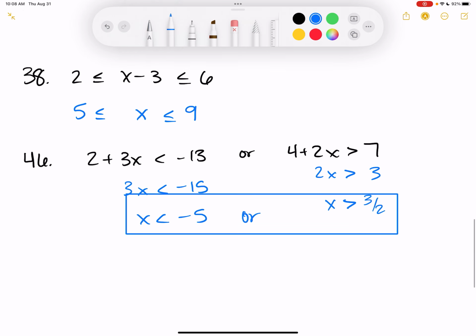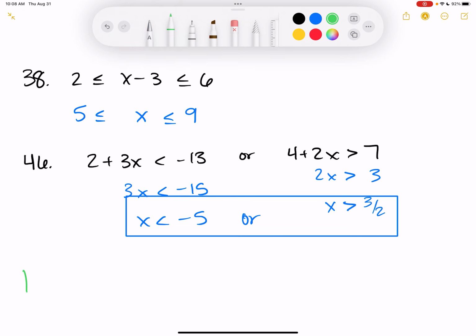Cool. All right, your problems then are 11, 13, 17, 19. So you need to graph 17 and 19.